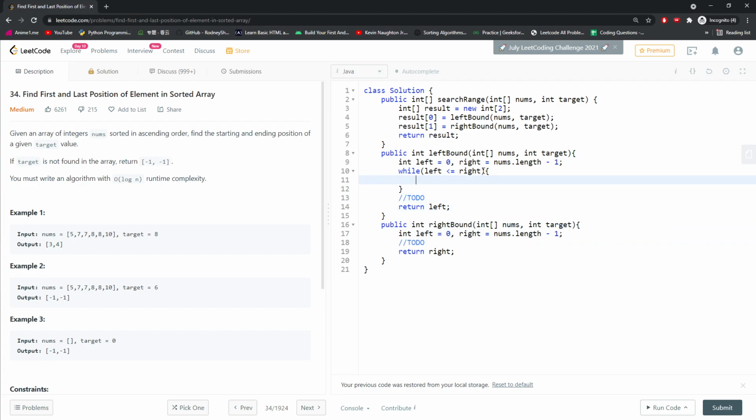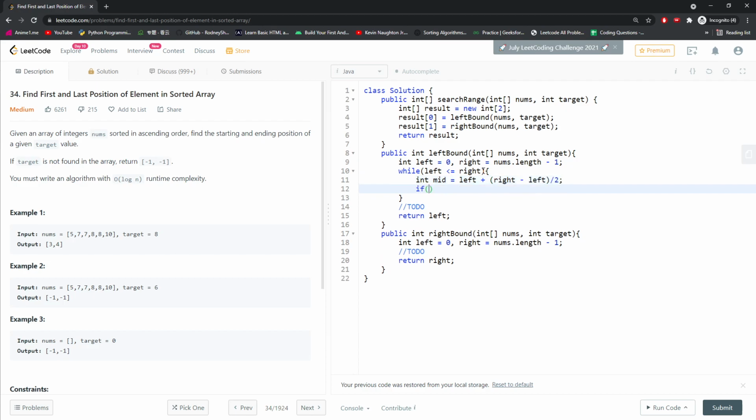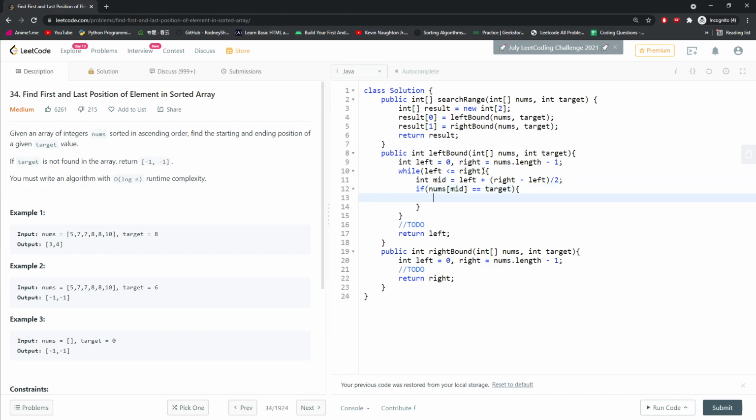All right. So while left is less than or equal to right, I need the middle value, which is the middle point between the left and right pointers. So mid equals left plus right minus left, divided by 2. What happens if nums mid is equal to the target?